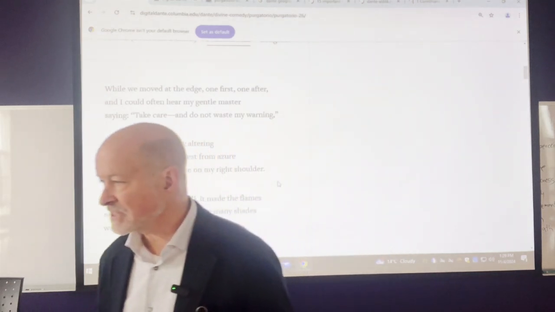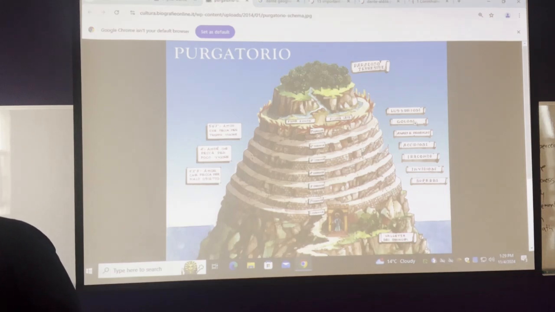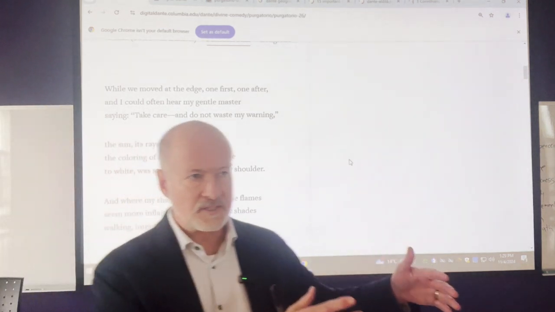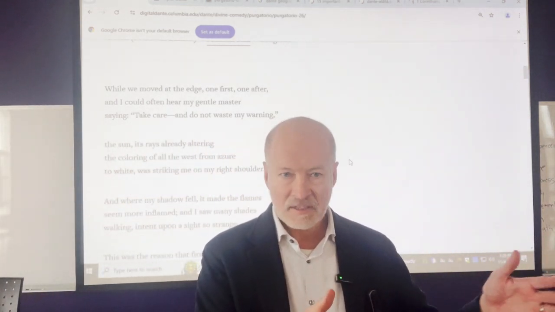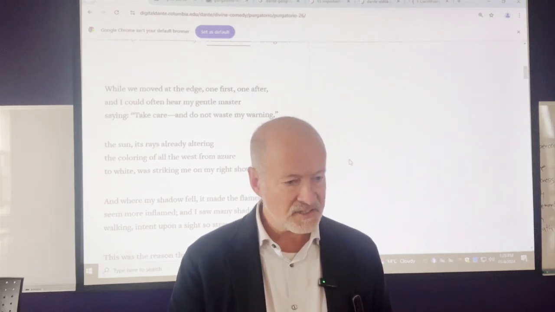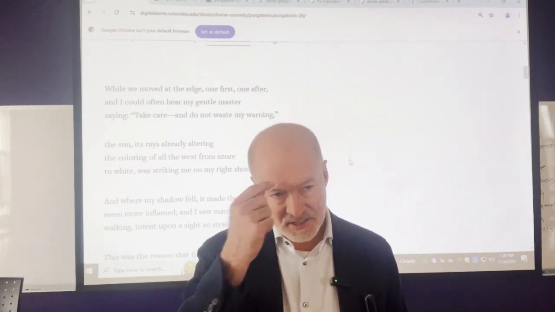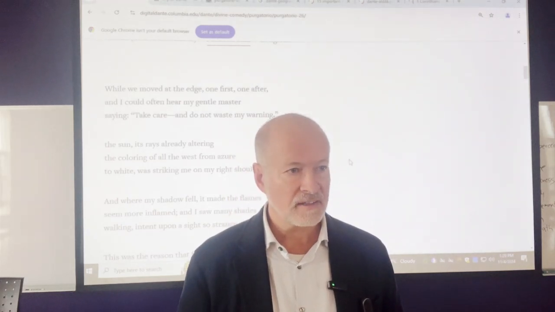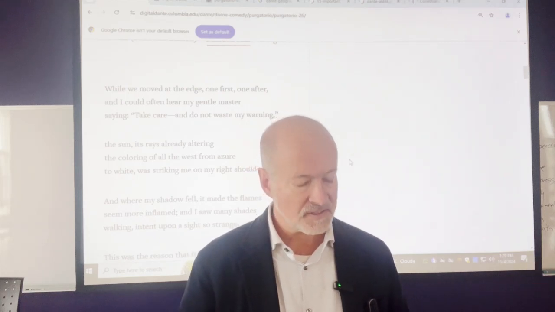And the 7th terrace is that of lust. Remember, lust was the least bad of the sins in Inferno. Here it's the least grave, or it's the last of the 7 deadly sins. Remember, as he's been ascending, the P's have disappeared from his forehead, and he's getting more holy as he ascends.